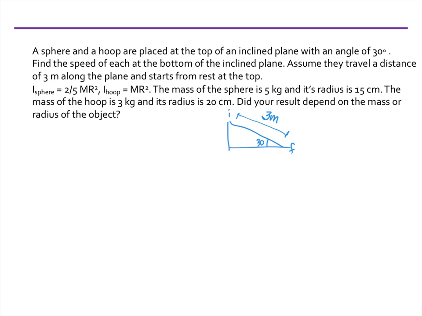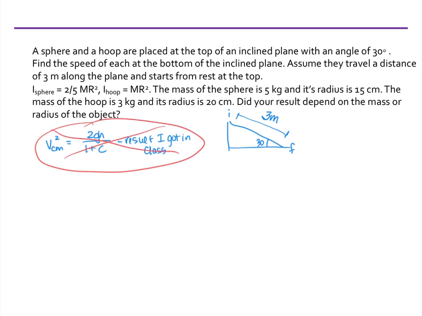Now, what I found when I was looking around is some people were doing this. This was a result I got in class. But you can't use that. I think I made it clear, but I want to make it clear again. I did it to talk about what happens and the idea that the radius didn't matter, the mass didn't matter.